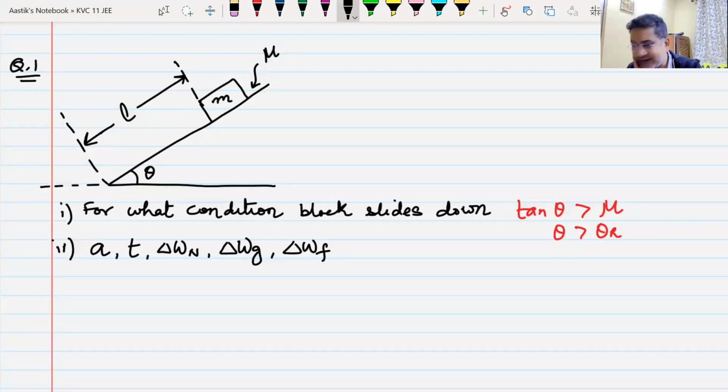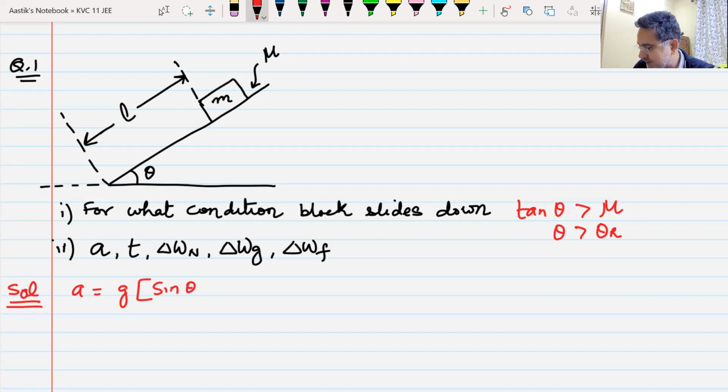So I have an answer for acceleration. Okay, tell me the answer. Acceleration equals g into sin theta minus mu cos theta. Okay, that is correct. Acceleration is g sin theta minus mu cos theta. Well done.